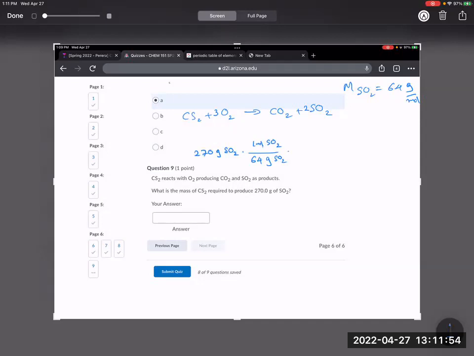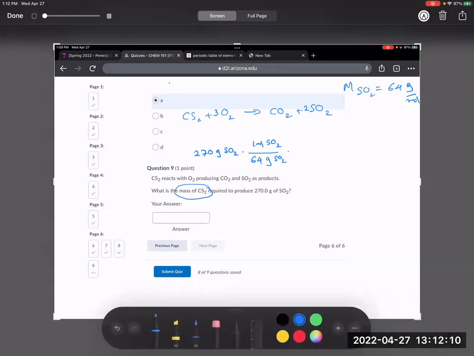Then we need the molar relationship. They ask you to find the mass of CS2. So before we get to the mass of CS2, we need the relationship between CS2 and SO2 in moles.